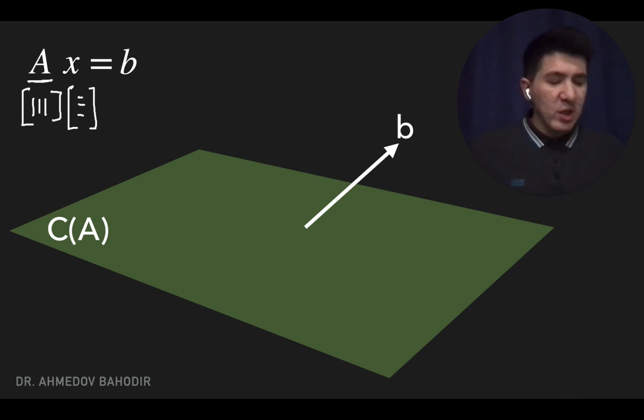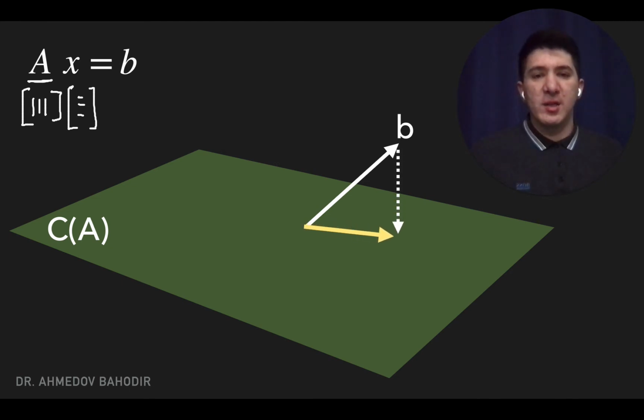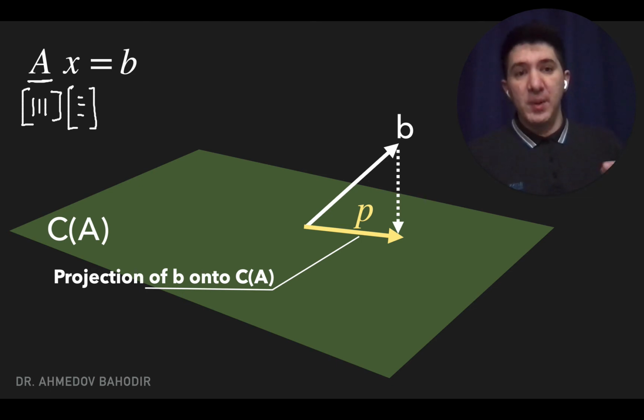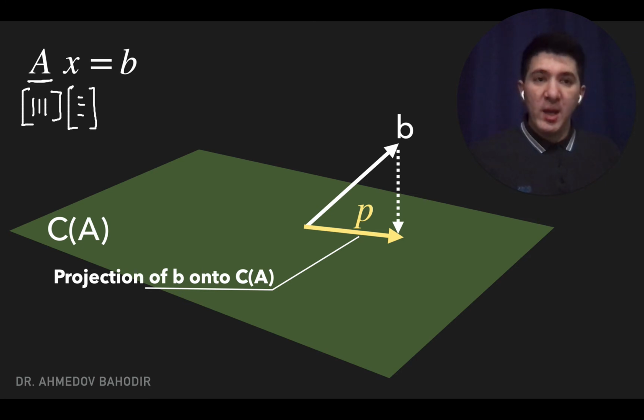Obviously it is going to be obtained when I make the orthogonal projection of this b onto this plane, right? This vector p, the projection of b onto the column space, is going to be the closest possible vector to b, which is still on the plane. It means that we can find this. We've learned about how to find this vector actually.